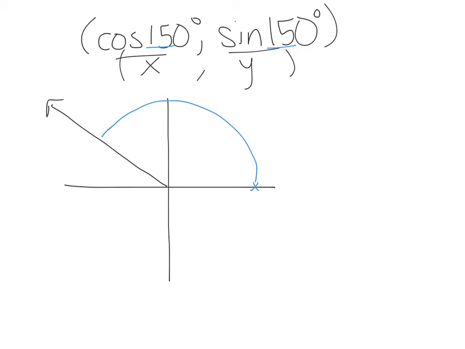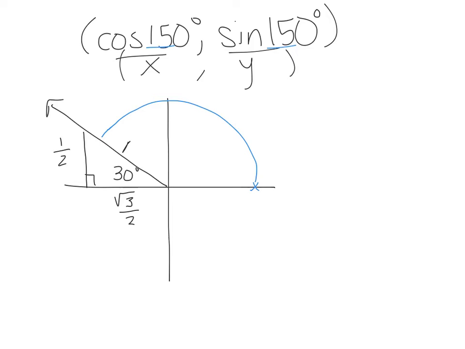So the reference angle is a 30-degree triangle. In the unit circle, the radius is 1. In a 30-degree triangle, the side opposite the 30 is 1/2, and opposite the 60 is root 3 over 2.